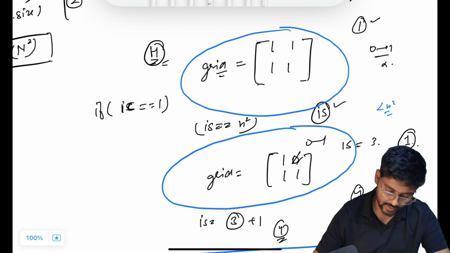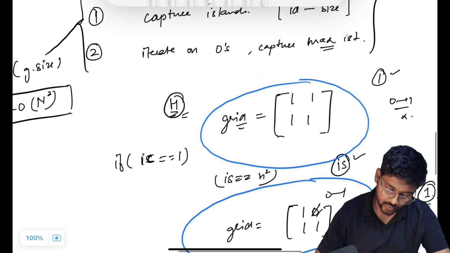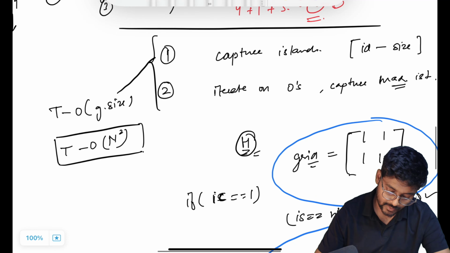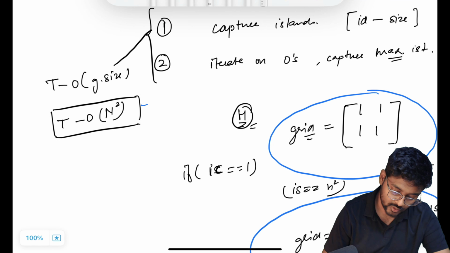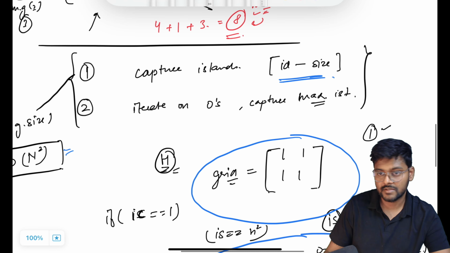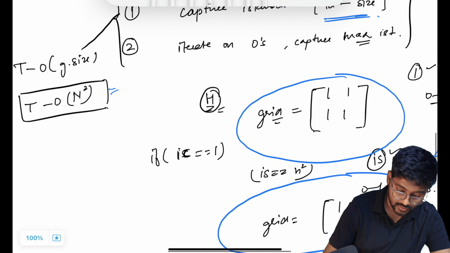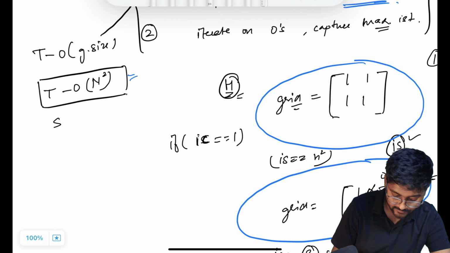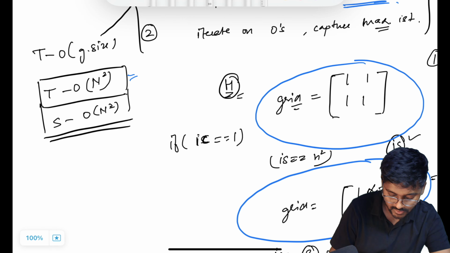You have to put if-else conditions, but the overall time complexity and space complexity will remain this. Time complexity is this. What about the space complexity? We are capturing the values in the hash map as well. So the space complexity will also be order of n square. So this is the time and space complexity.